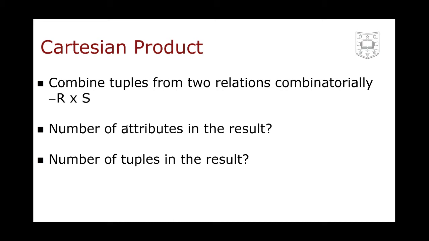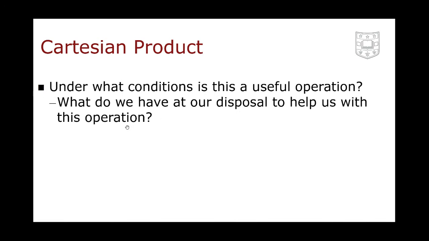I want to have more control over how these two relations are combined together. I want to be able to specify that this table should be combined with this table, but is there some shared meaning between these two tables that I can use to help me decide how to combine? And that's what leads us to the much more common operation.